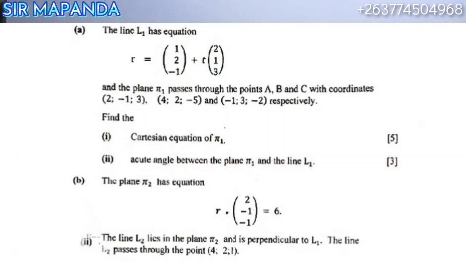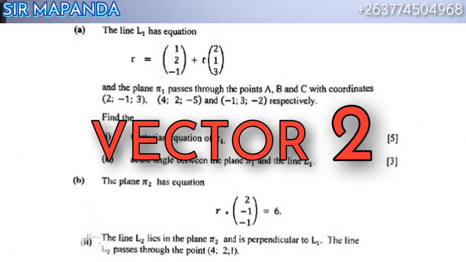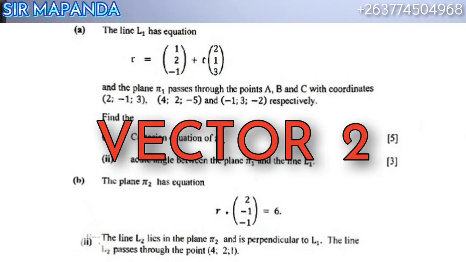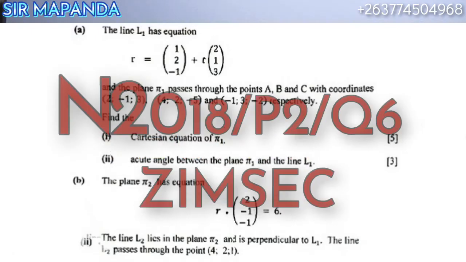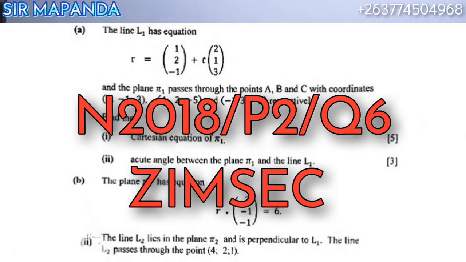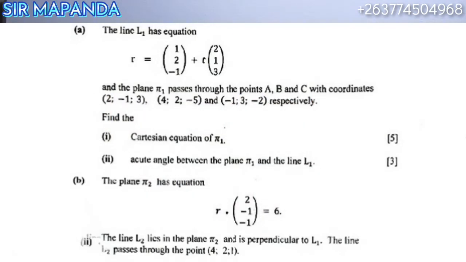In today's lesson we are going to focus on question number 6, which was extracted from the November 2018 Zimsec Paper 2, Pure Mathematics. It reads: the line L1 has equation r = (1, 2, -1) + t(2, 1, 3).